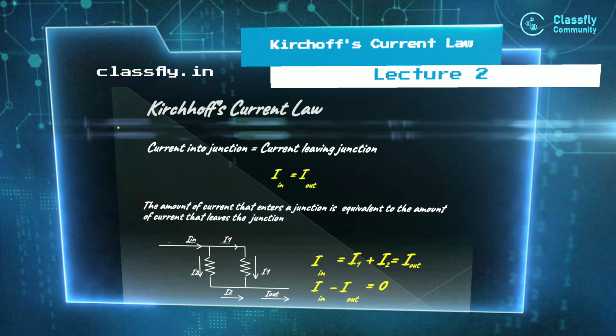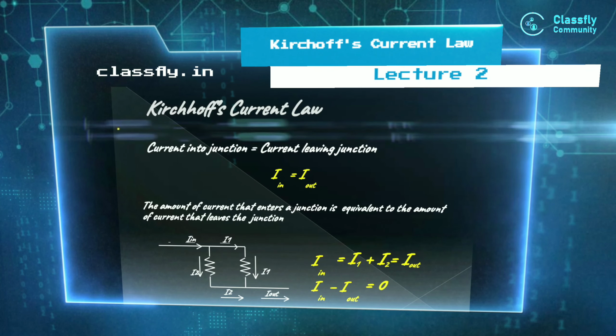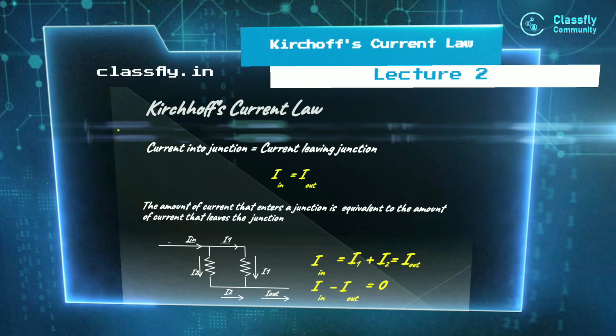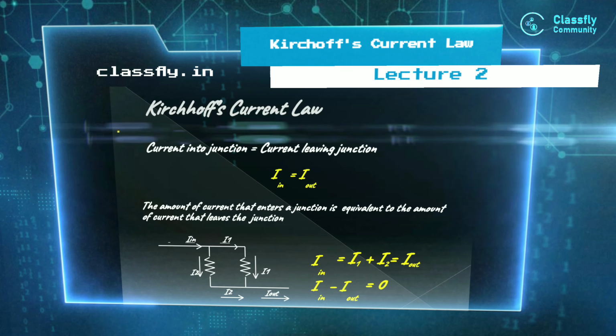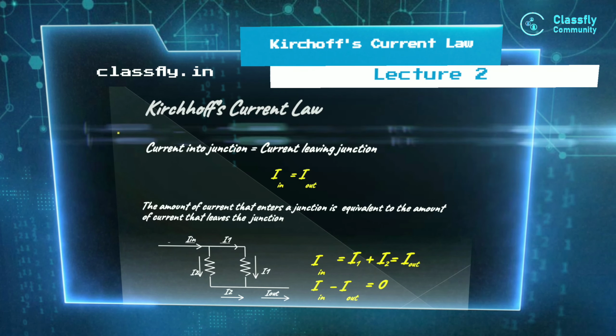See, if a train comes and stands at Howrah junction, then the train leaves to another station, so there will be no train left, right? So it will be 0. It also says the same, that I in minus I out is equal to 0. It becomes null. Whatever comes in, if 5 ampere current comes in and 5 ampere goes out, that means we have 0 ampere left in the circuit, right? So this is Kirchhoff's current law.